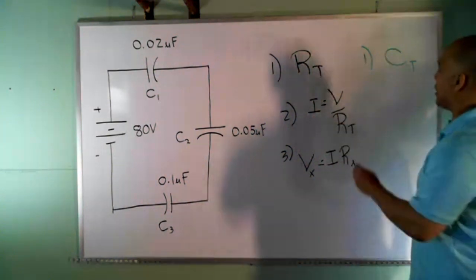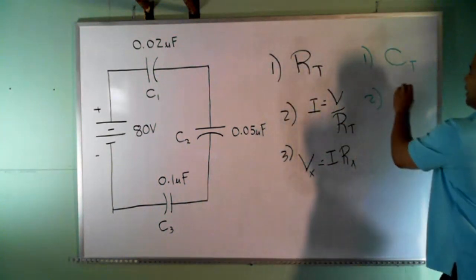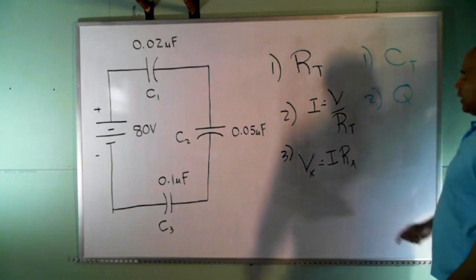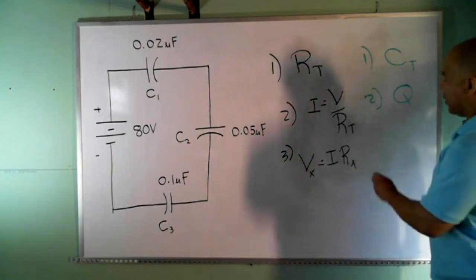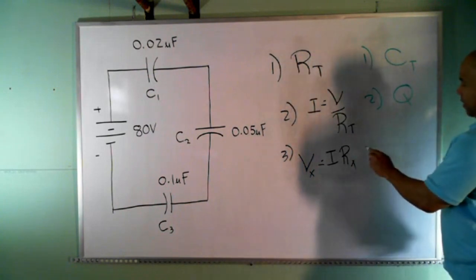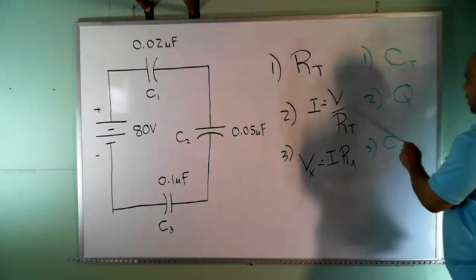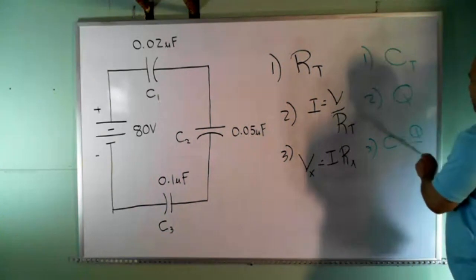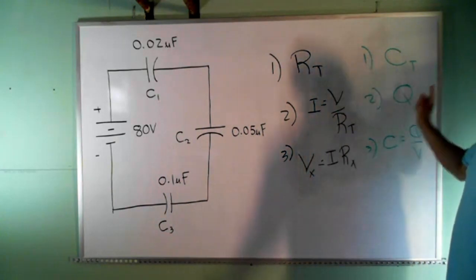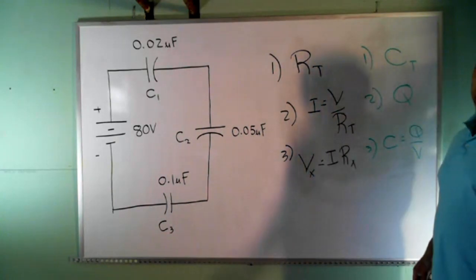So in this step, I want to find the total charge. And then I can use that charge to find the voltage across each capacitor using the formula C equals Q on V. I can solve that for V and get all the voltages across each capacitor.